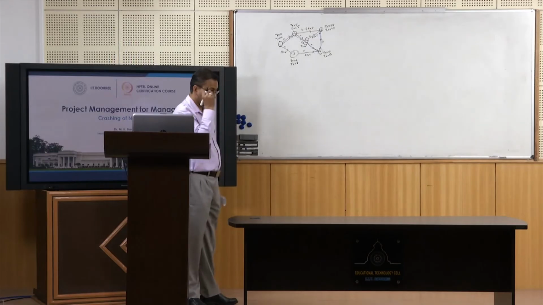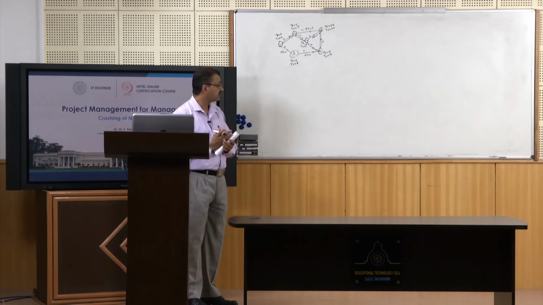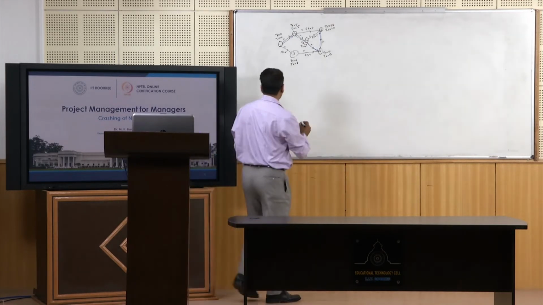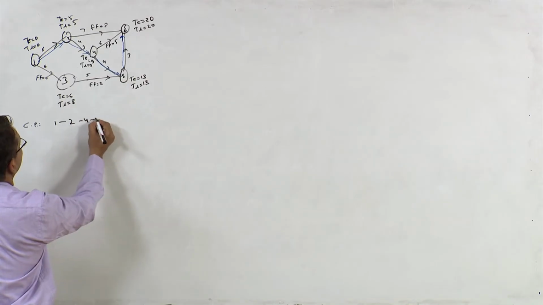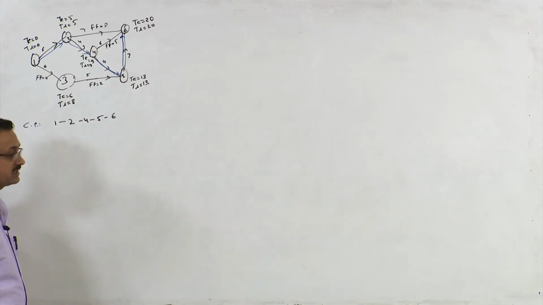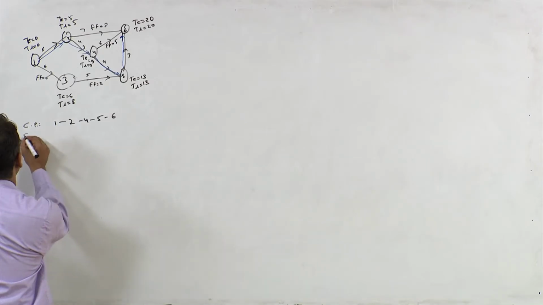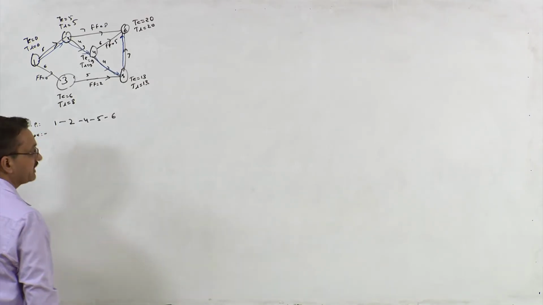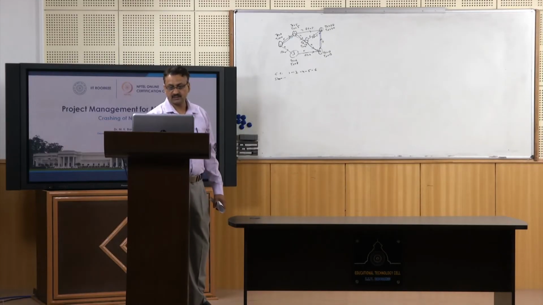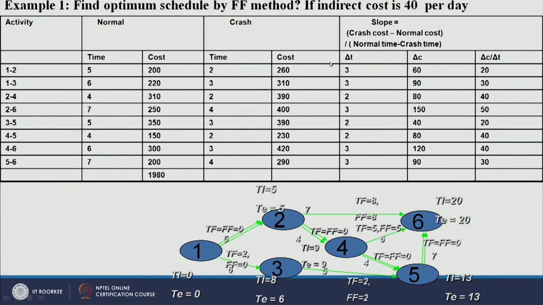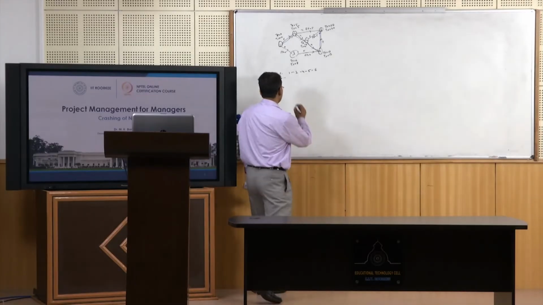Now let us start crashing this network, right? So first of all, we should write what the critical path is. So the critical path is 1, 2, 4, 5 and 6, right? What is the slope? Slope for activity 1, 2. Here these are nothing but slopes, right? So for activity 1, 2 it is 20, right?